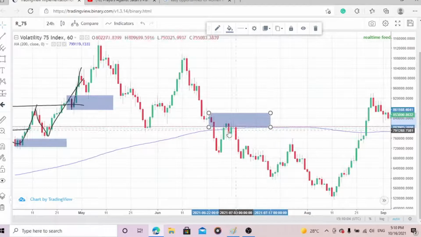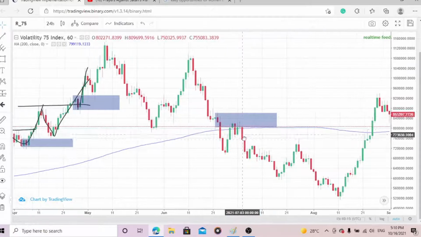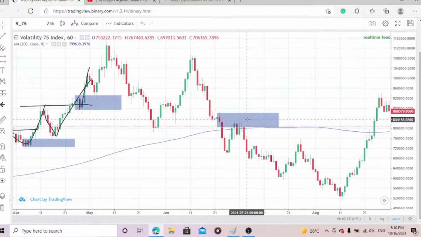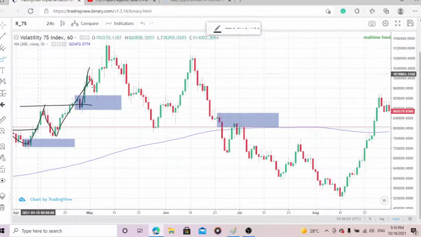The market went down, broke structure here, pulled back, but did not test our OB this time around. When I say OB, I mean order block.